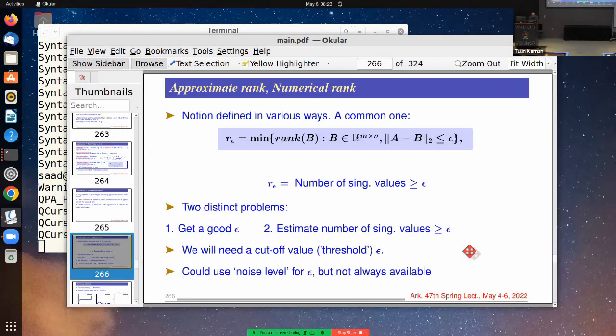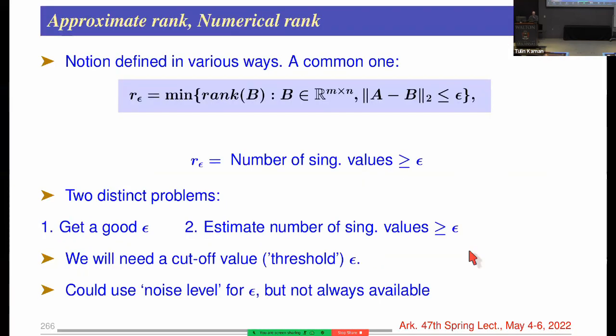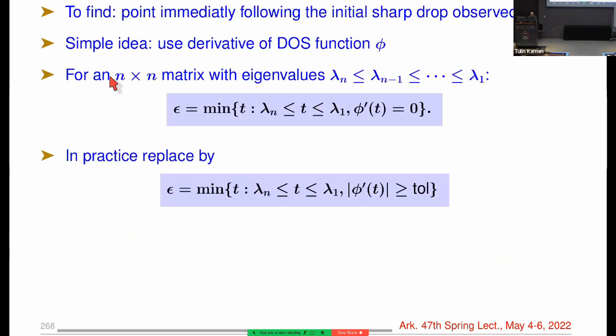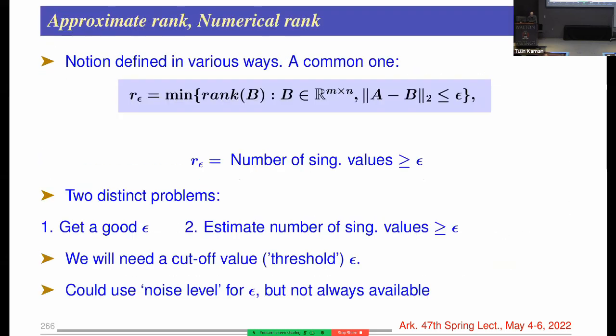Okay, so how do you do this? How do you use this? Here you go. So let's try to see how we do this to determine the numerical rank or the approximate rank. The definition of the approximate rank is the one that's stated here.